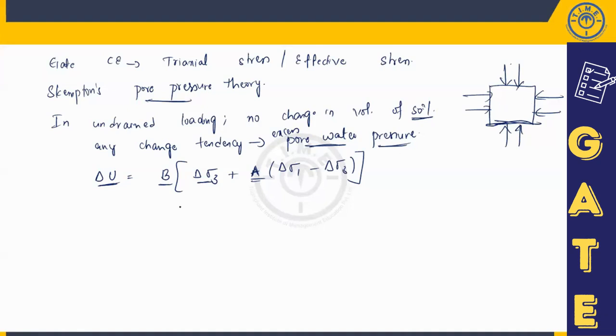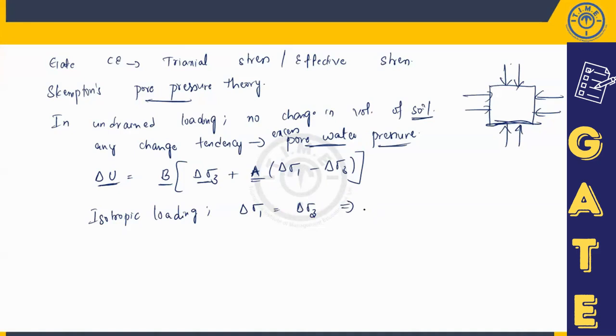A and B are Skempton's pore pressure parameters, and during isotropic loading, delta sigma 1 is equal to delta sigma 3. That means during isotropic loading, when both the values are not given, they assume no shear, drainage is closed.